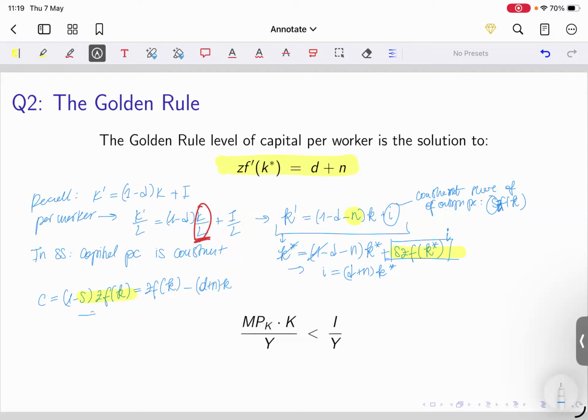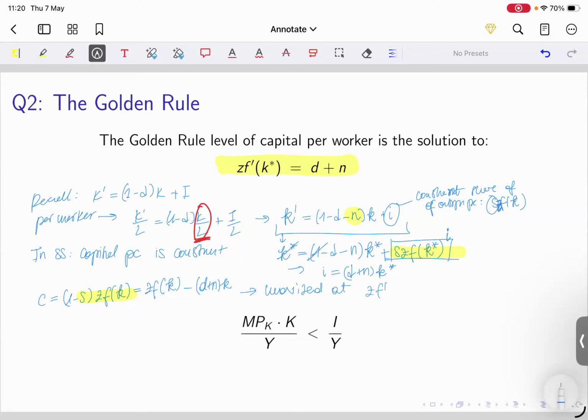Then if this is consumption in steady state, I know this is maximized. Actually, let me write it here. Maximized for which K? I'll just take the first order derivative with respect to K. What is that?